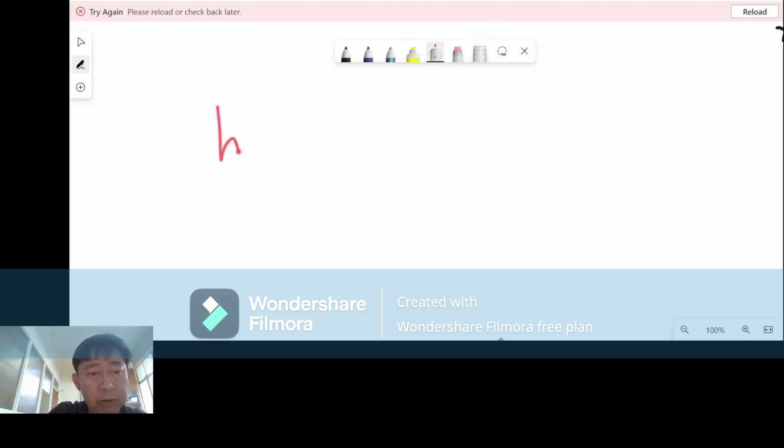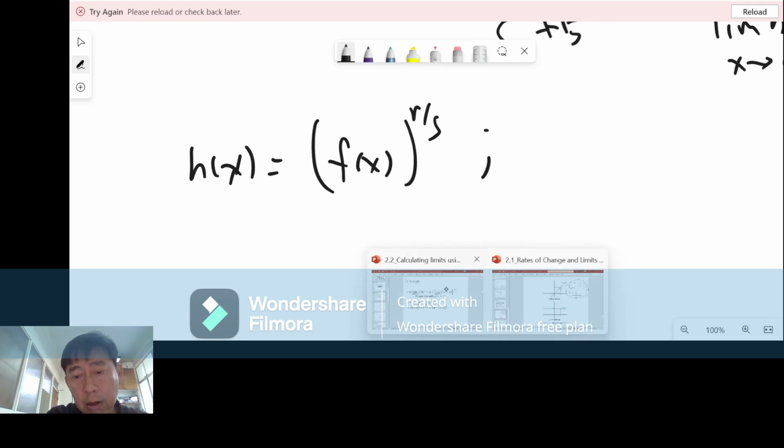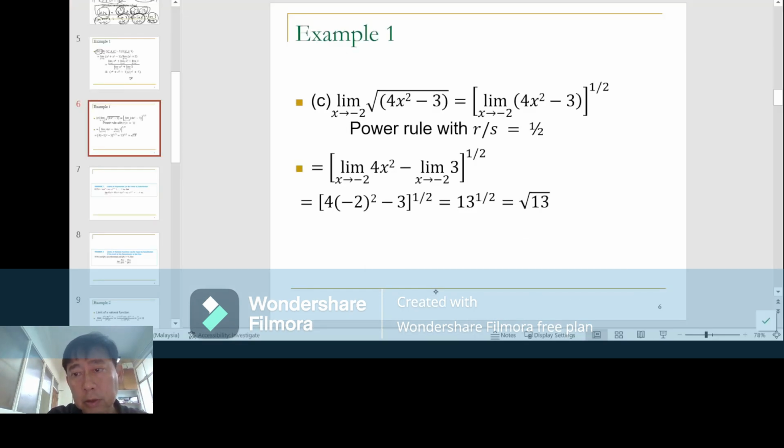So you have a function h. The function h is equal to a function f raised to a power of r over s. Here, r is 1, s is 2, and f(x) is equal to 4x squared minus 3.